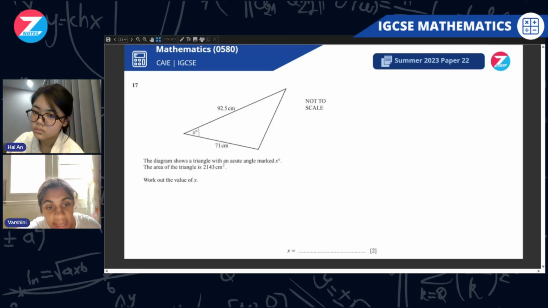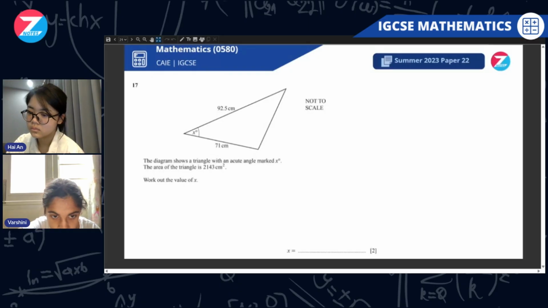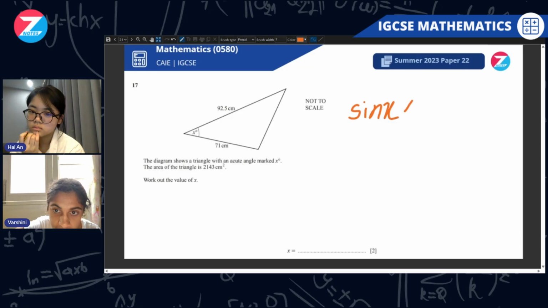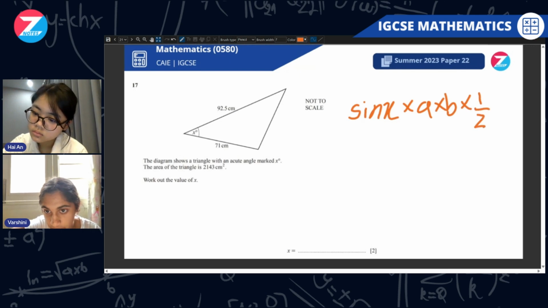Part 17. The diagram shows a triangle with an acute angle marked x degrees, and the area of the triangle is 2143 centimeters squared, and they want us to work out the value of x. We can clearly see it's not a right angle triangle, so when we don't have a right angle triangle, the area of the triangle is going to be sine x into a into b into 1 by 2, and a and b are the sides adjacent to the angle we're taking.